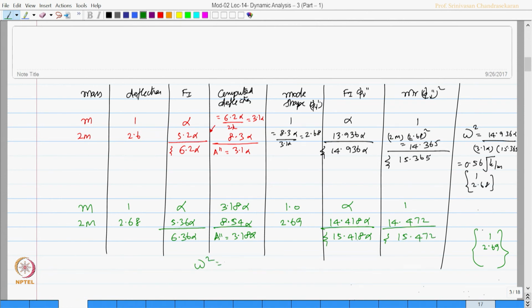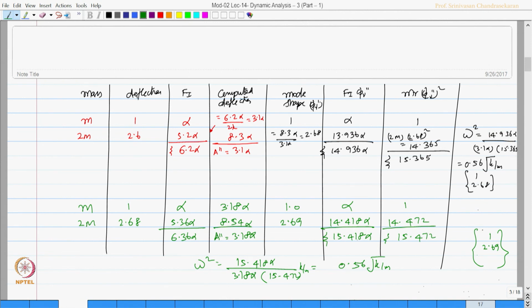I got omega square as 15.418 alpha by 3.18 alpha multiplied by 15.472, which of k by m, which gives me 0.56 root k by m as omega, and phi is this value.